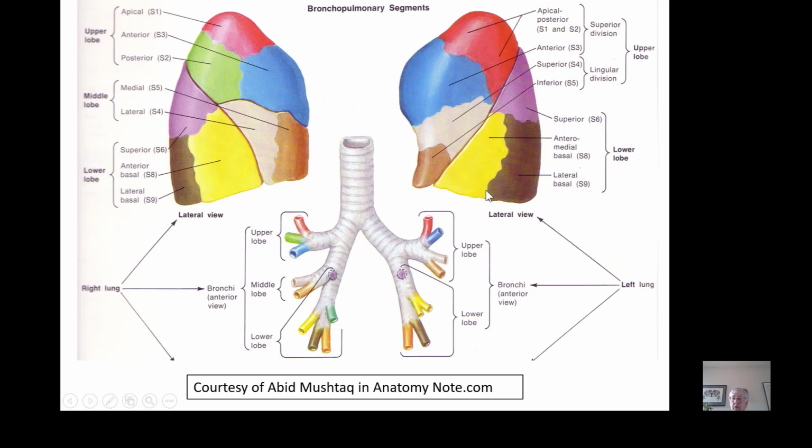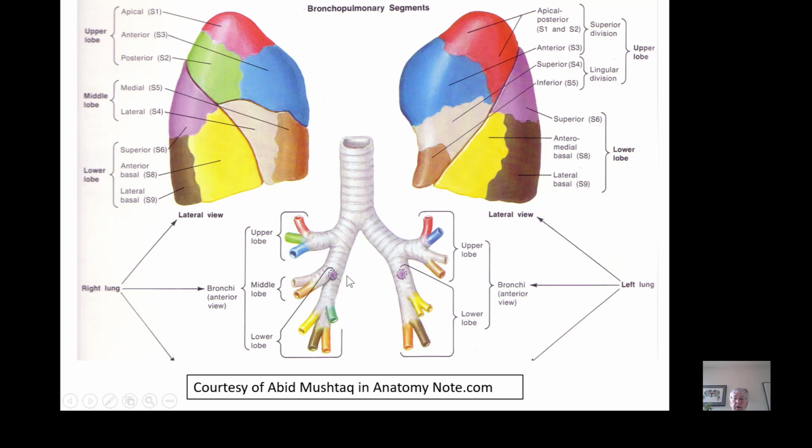The lower lobe is divided into various segments: superior, anterior, medial, lateral, and posterior. You can see that they're slightly different from side to side as one examines the different areas.